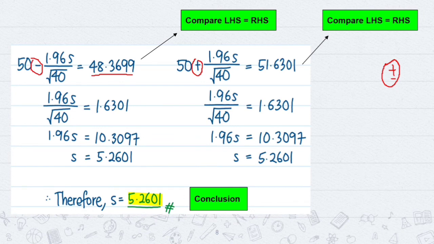And if we do the plus operation, we get the value of CI equal to 51.6301. So we do all of the steps and solve until we get S equal to 5.2601 for the minus operation. And we solve for the plus operation until we get S equal to 5.2601.